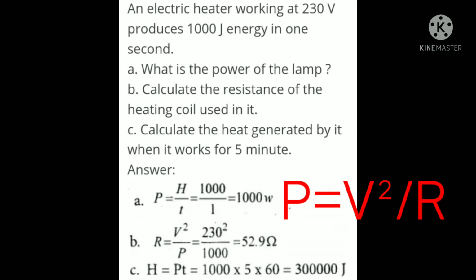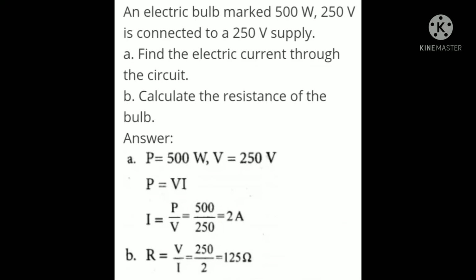That is 5 minutes is converted into second. So 5 into 60, so we can get the value in joule. That is 3 lakh joule. That is the answer. So we can solve the next problem.